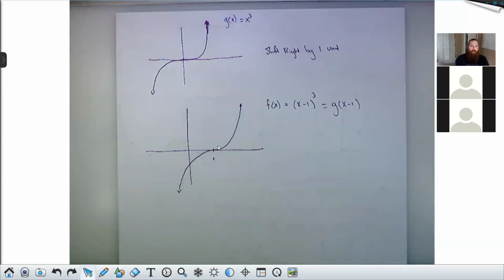I know that the output 0 here comes from the input 1. So how would I have to change the algebra of this function to make the output equal to 0 when the input is equal to 1? Well, I have to subtract 1 from all the inputs, right? If you plug in x equals 1, now you'd have 1 minus 1 cubed. Oh, that is 0.